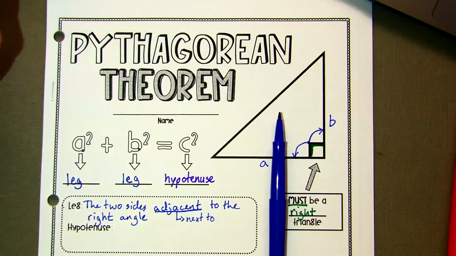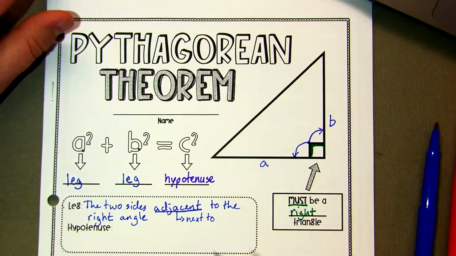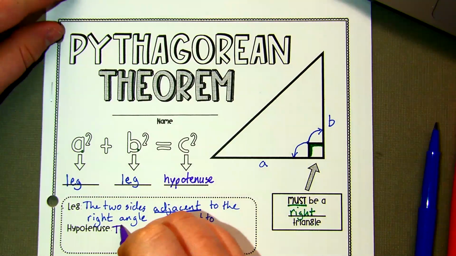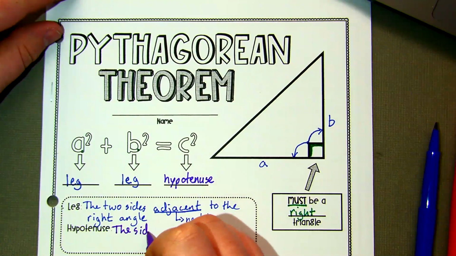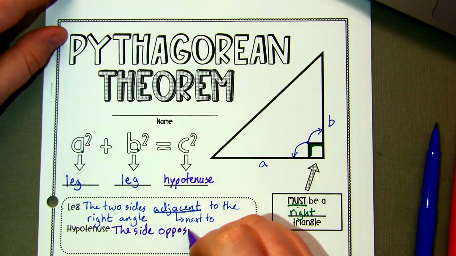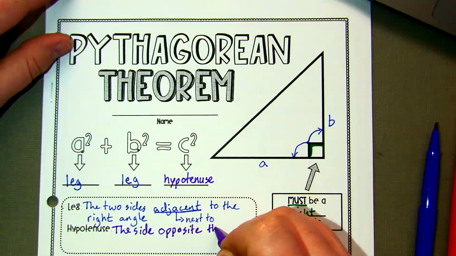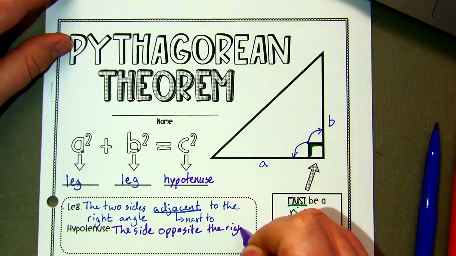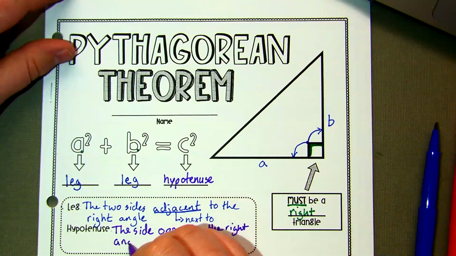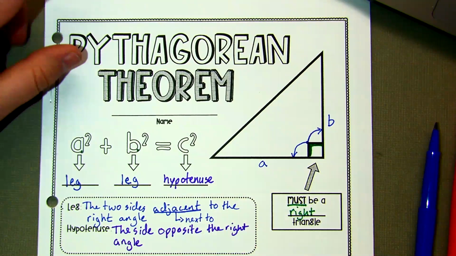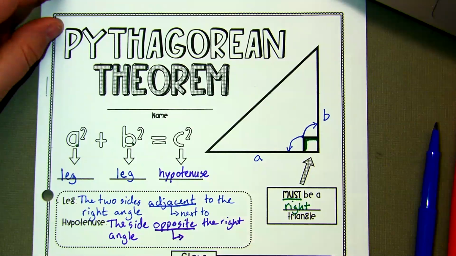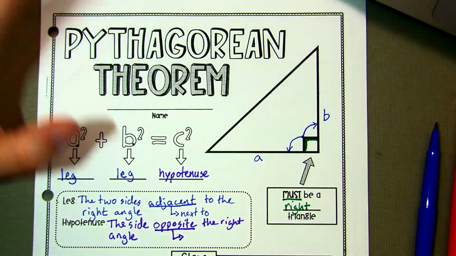Now let's get our hypotenuse definition down. Our hypotenuse is the side opposite the right angle. When we're talking about geometry opposites, I noticed someone answered this for adjacent.